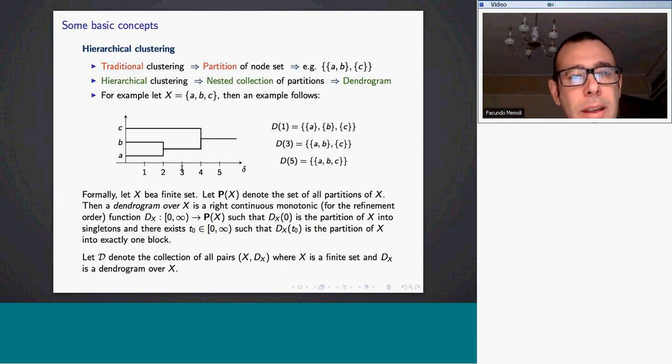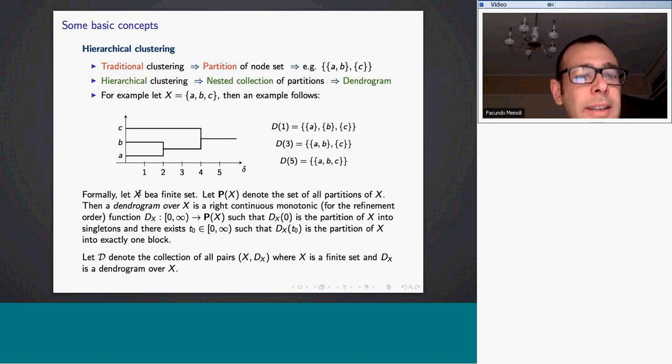At value 3, you see that A and B are put into the same block of the partition D of 3, and only at the value 5 have all nodes coalesced into a single block of the partition.